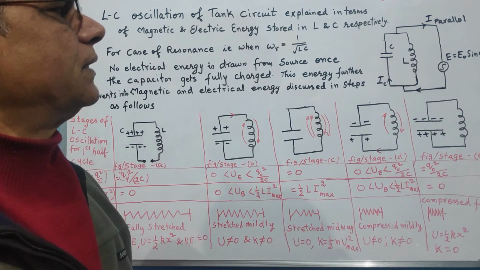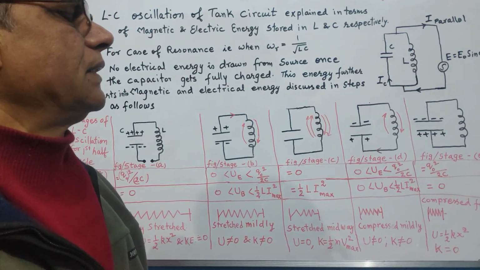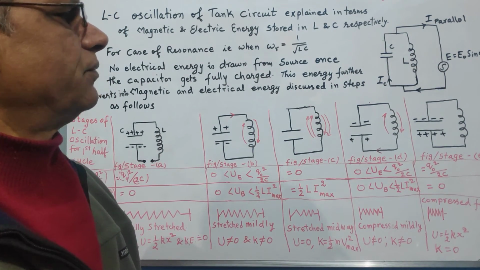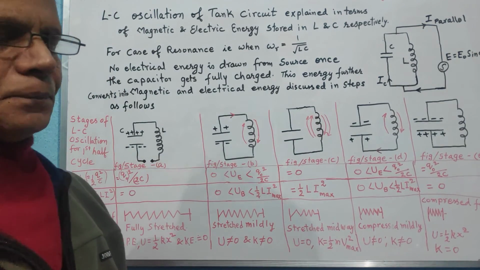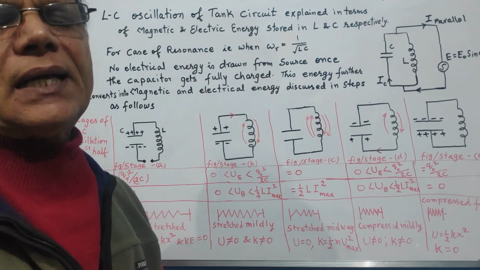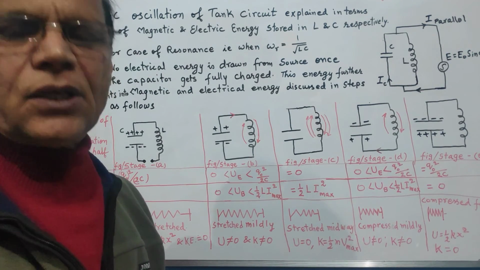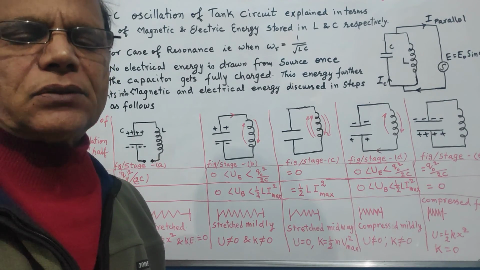Even if there is some loss of energy, if we keep supplying the shortage in energy, then a very minimum amount of energy will be required to keep the oscillation. And this circuit has great many applications in so many electrical and electronics equipments. So that's all for today.